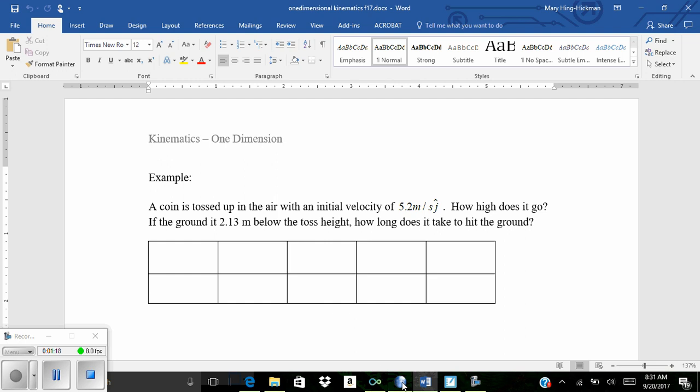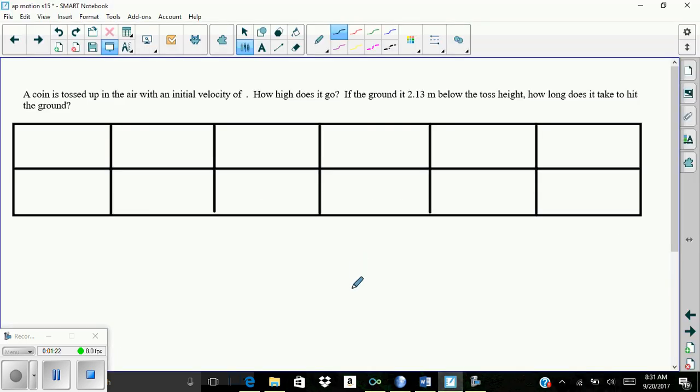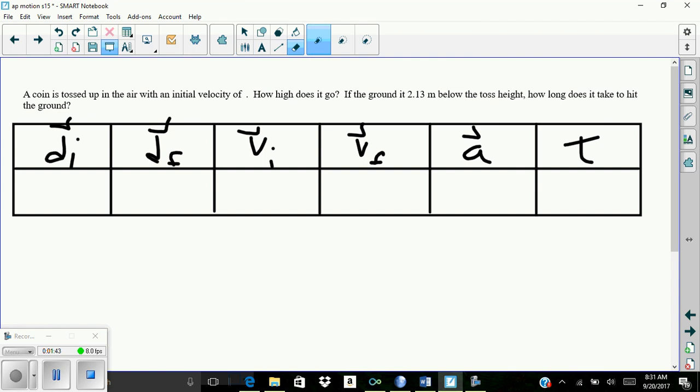The first thing I know is that I am tossing this. So I'm going to write in my information: my initial position, my final position, my initial velocity, my final velocity, my acceleration, and t. Because this is in the y direction, I'm going to change this right here.